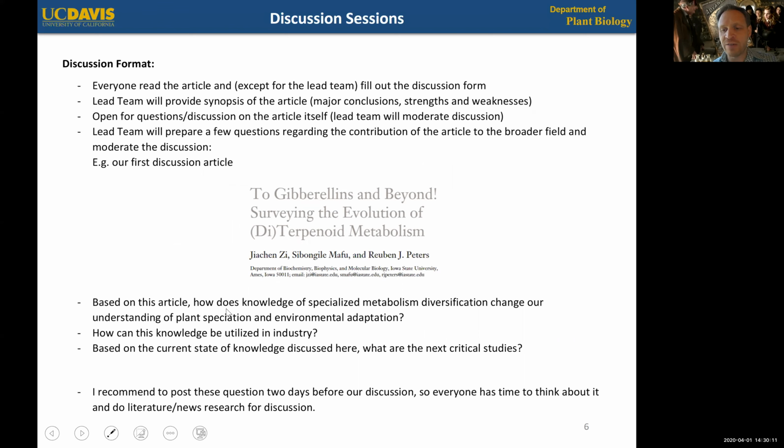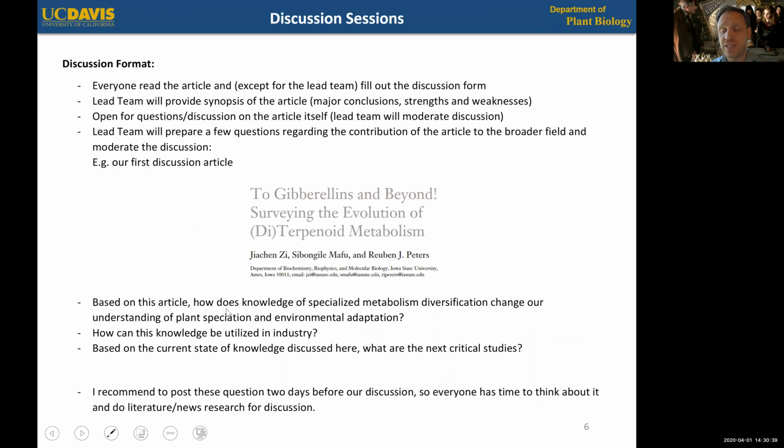I feel like at the graduate level, we should move beyond that and really talk about these articles in the context of their contribution to the broader field, and really start thinking about the knowledge that is being put out there and what it means to the development of more knowledge, to development of new approaches and so forth. So I really hope this to be a lively and broader discussion.